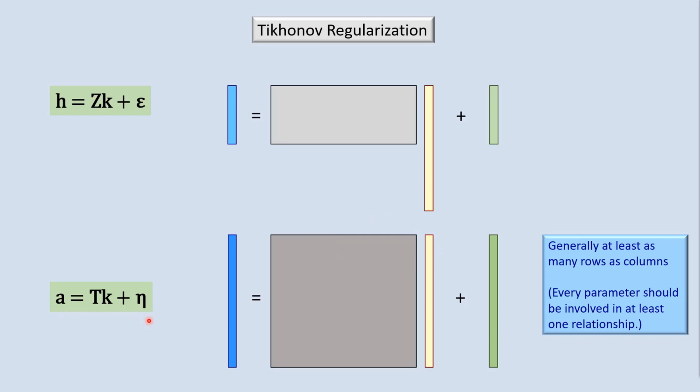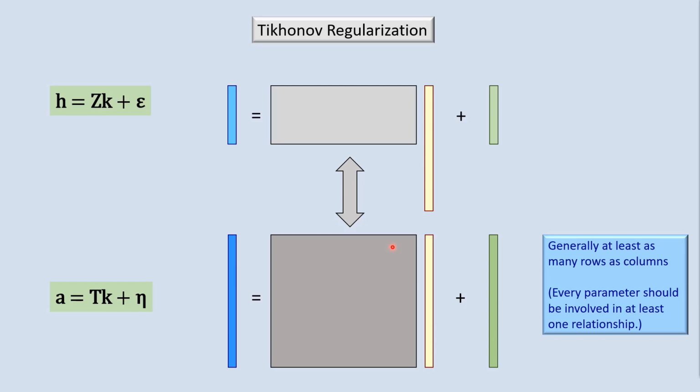Now, to obtain uniqueness of solution to that inverse problem, all parameters should be involved in a relationship. Hence, the number of rows in that T matrix should equal at least the number of parameters that I'm trying to estimate, that is, the number of columns in the T matrix. It should be square, or it should be long in the vertical direction.